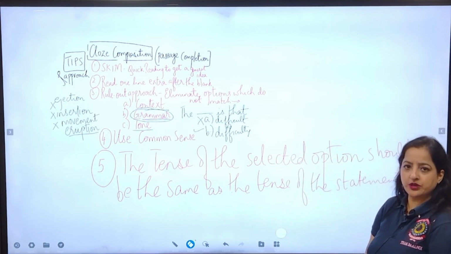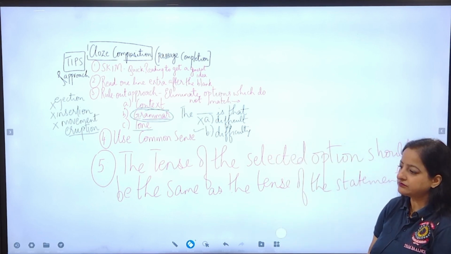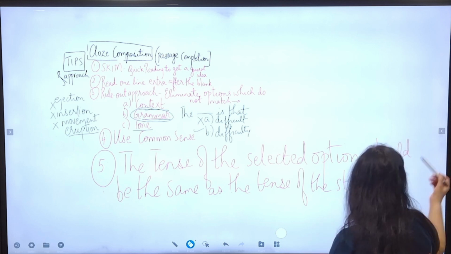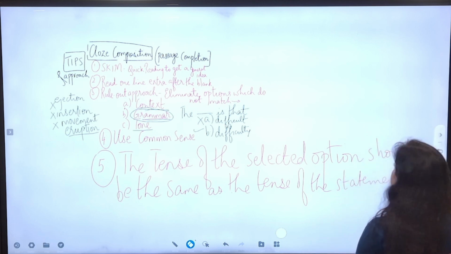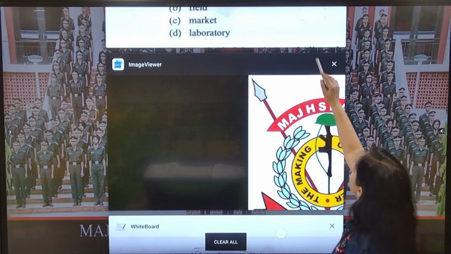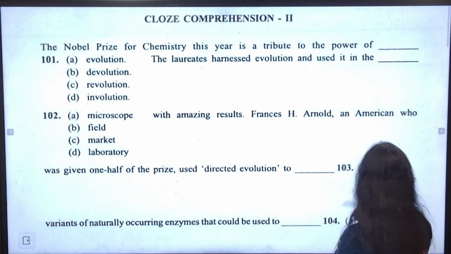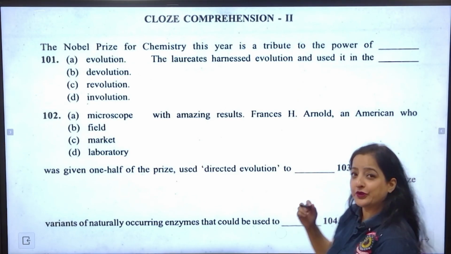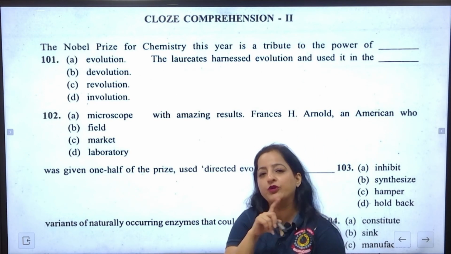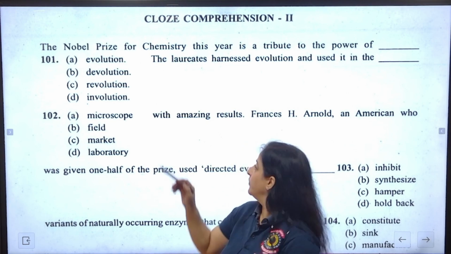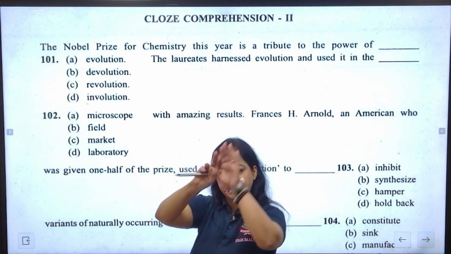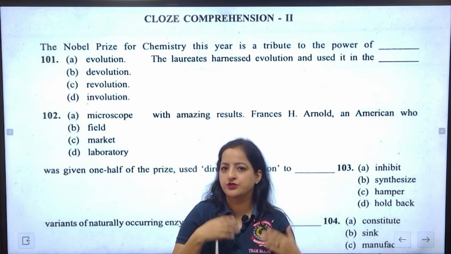You can take a picture. All right. So we're going to follow the tips. We're going to skim it, right? We will not read these options, just a quick reading and to get a general idea.